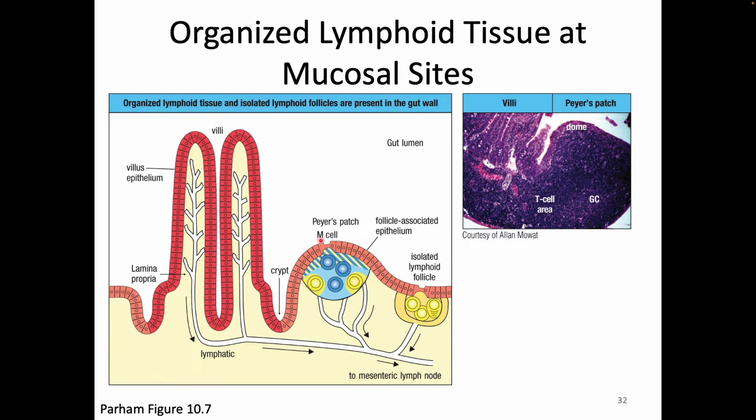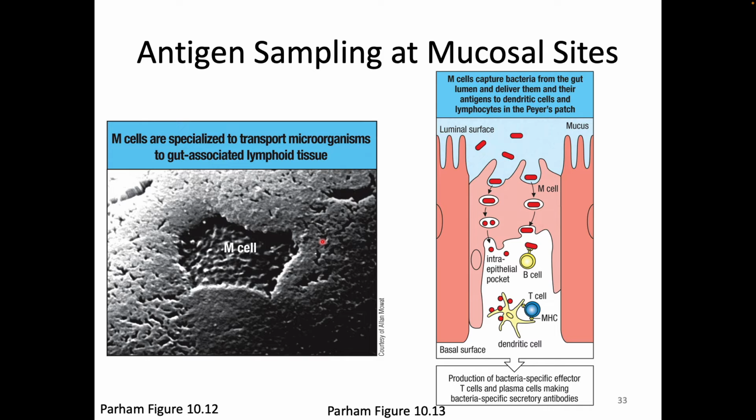As is also implied on this slide, there are some unique types of cells in some of these places. And one of those particular cells that's really important is called an M cell. An M cell stands for a microfold cell. And you can see an M cell in the wall of the intestine in an electron micrograph on the left.